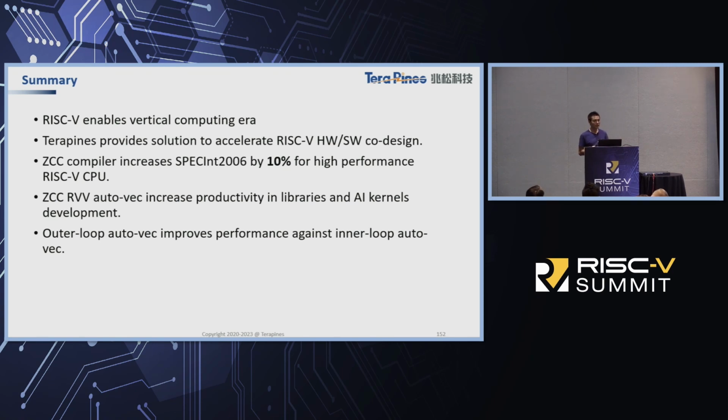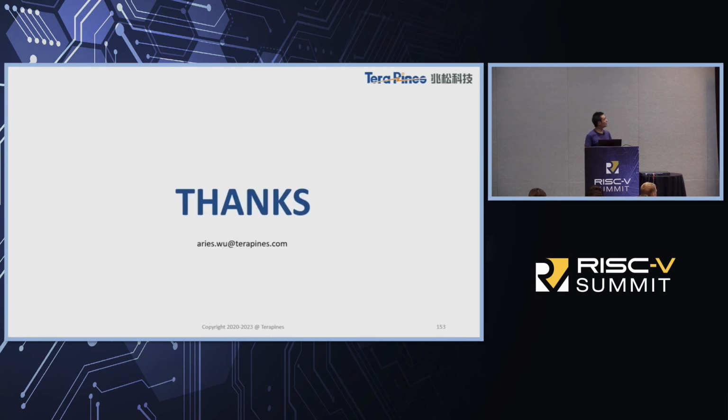Our auto-vectorization technology in DSA improves productivity in library and kernel development. Also, outer loop auto-vectorization can improve performance compared to inner loop auto-vectorization. Okay, that's all I'm going to share. Thank you.